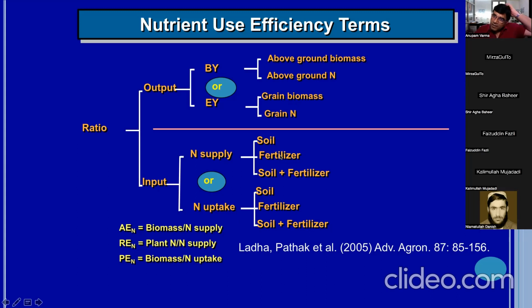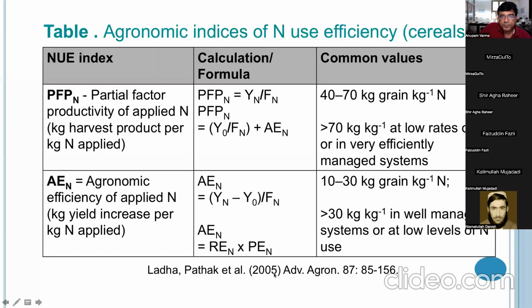Suppose if I say 90 kg nitrogen from fertilizer, that means it is just coming from fertilizer. And then soil plus fertilizer. So we can divide this value by nutrient uptake from the soil plus fertilizer. So biomass per unit of nitrogen supply, similarly, you will see formula in the next pages.